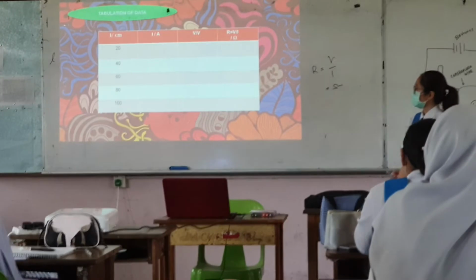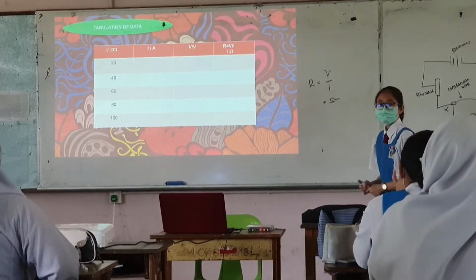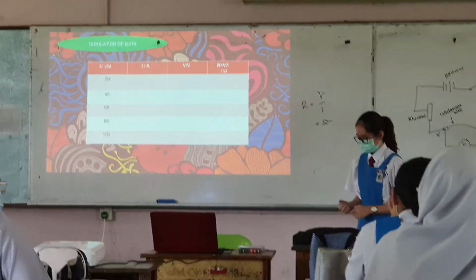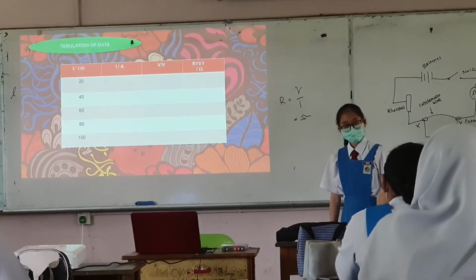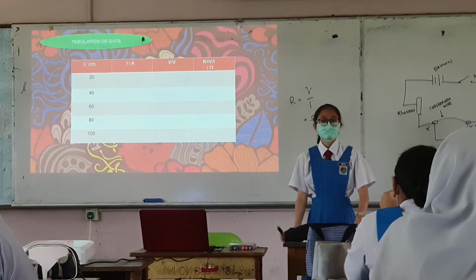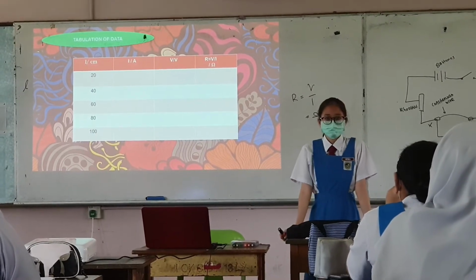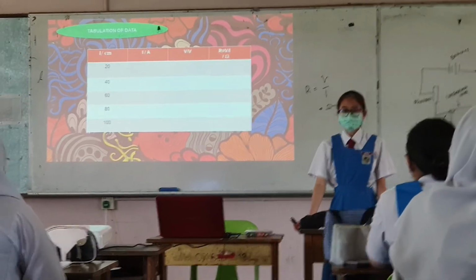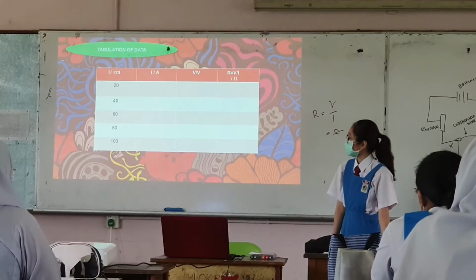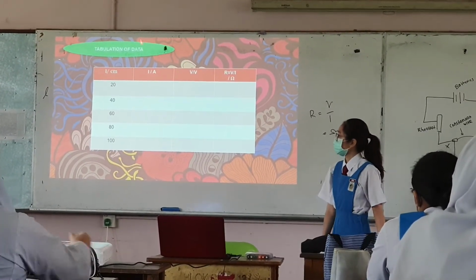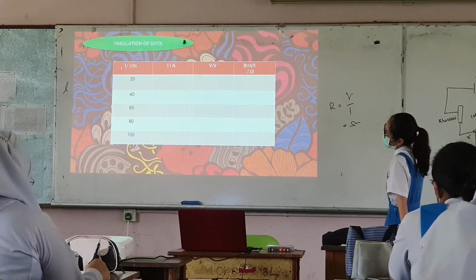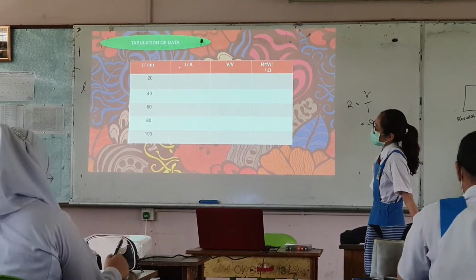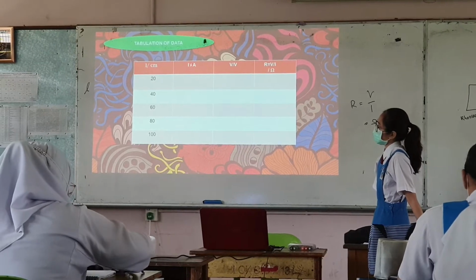Class, like this is also okay, provided in your procedure you already highlight the symbol that you use. But for me, class, it will be better if you add in the name of the physical quantity. What I mean is, just like the first column, length here, it is better to write length, L stroke cm. Current will be current, I stroke ampere.